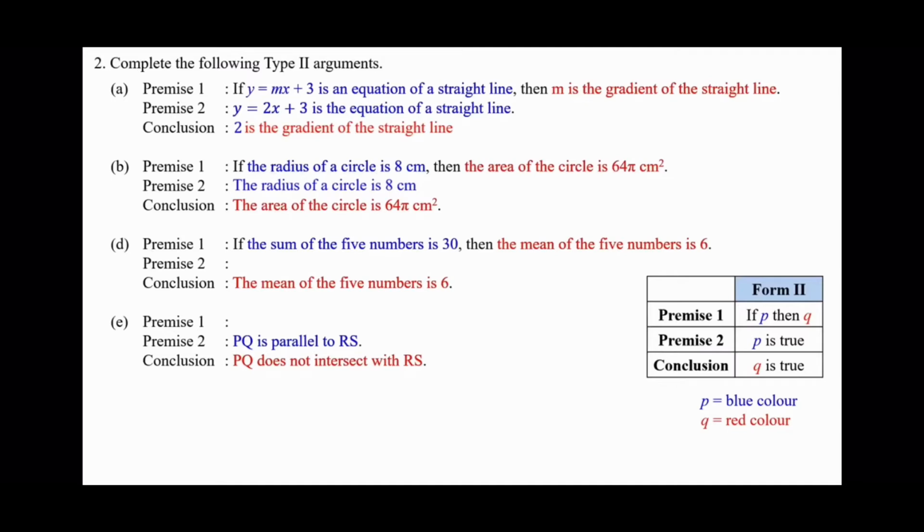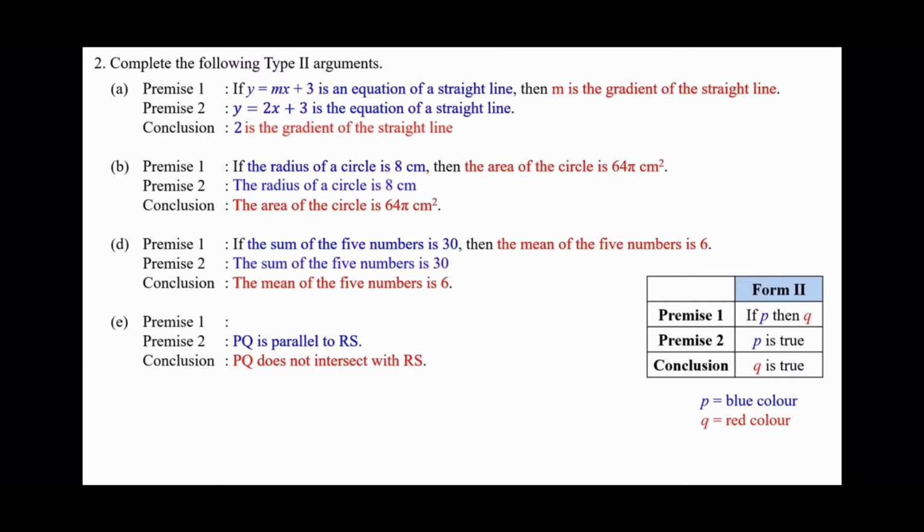And then for C, we highlight the P statement using a blue pen, and then the statement after that with the red pen. The conclusion is always the red pen, which is Q is true. Then we just fill in premise 2 using the blue statement: the sum of the 5 numbers is 30.